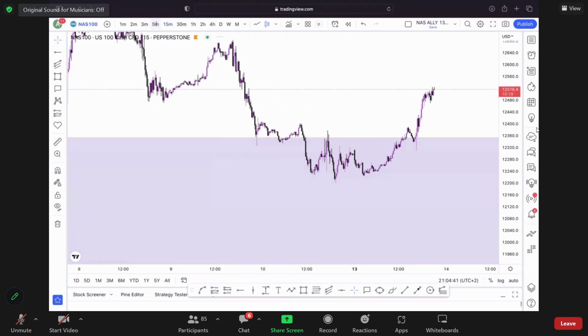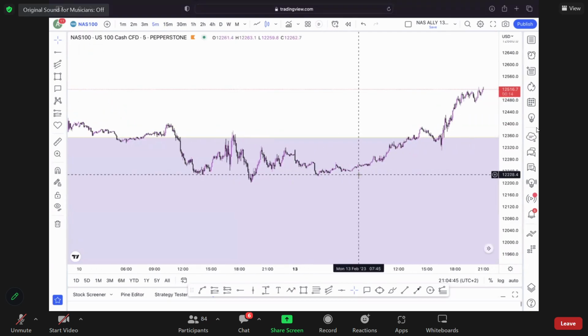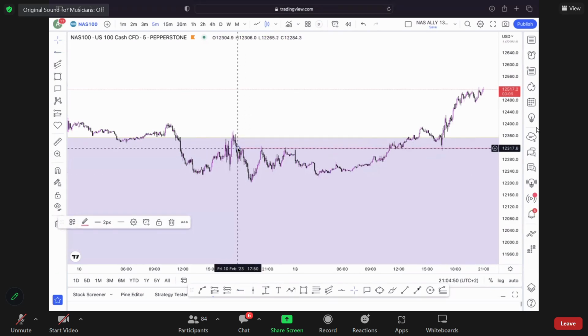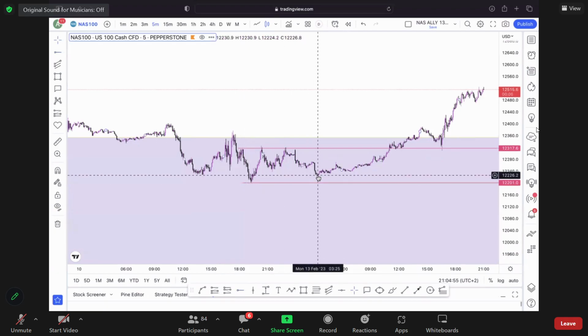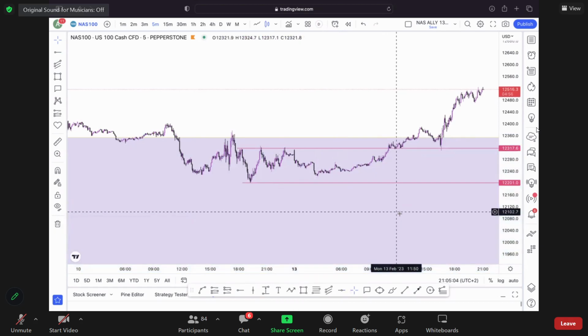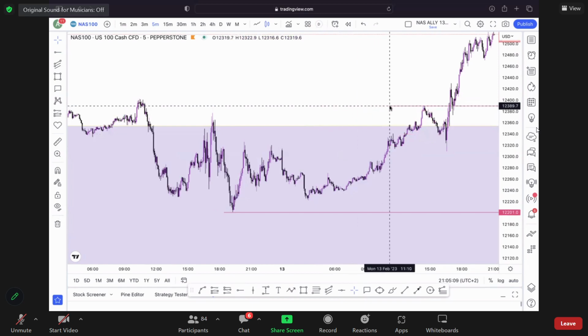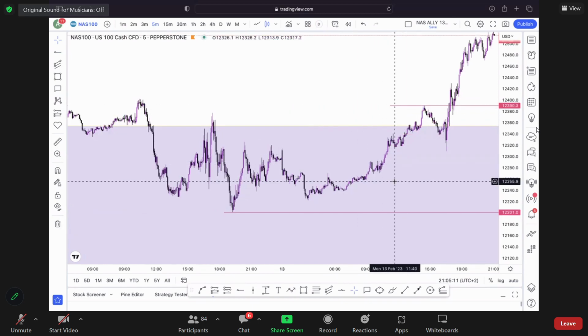If we look at a 5-minute structure, would you all agree with me that this was the last fractal high and the last fractal low? Okay, agreed? Yes. So when the market takes out this fractal high at this point over here, we can now monitor our fractal structure and our swing structure.